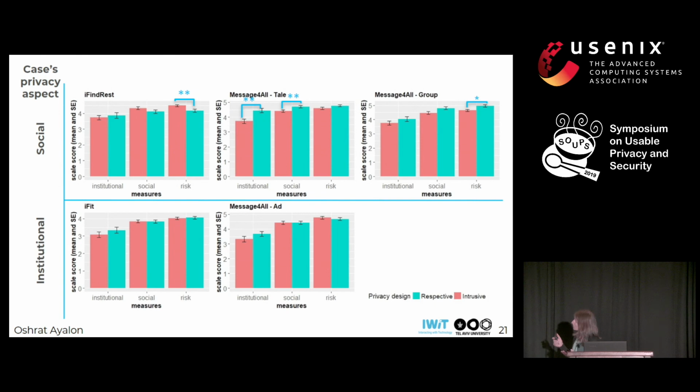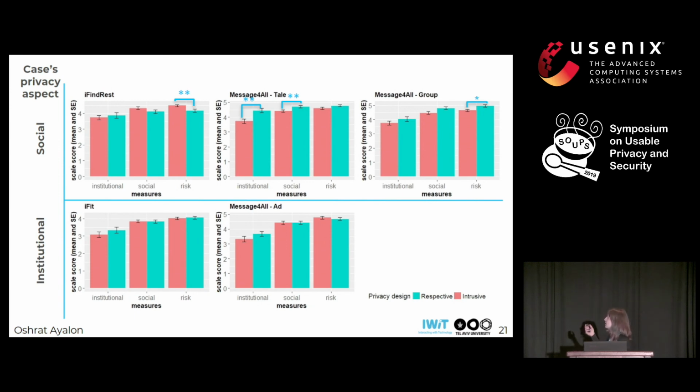And the first thing that we see is that we only find a significant difference between the designs in the case where there was a social aspect. When looking inside the subscales, we find mixed results: in some cases we had a significant difference between the designs only in the risk, and in other cases we had a significant difference only in the social or institutional aspect.